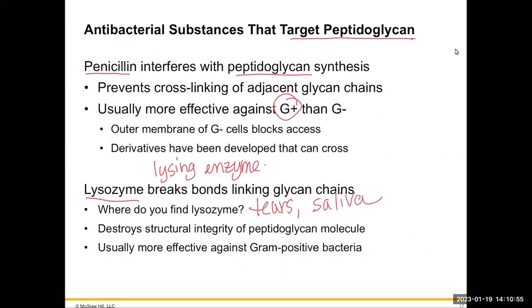Okay, so basically what it does is it breaks down peptidoglycan. So it's one way that our tears protect our eyes from bacteria. Okay, so it's basically considered part of our innate immune system.